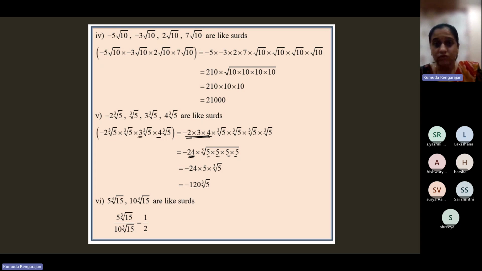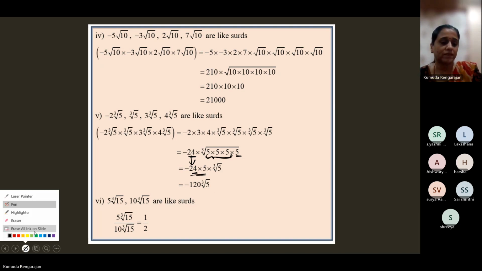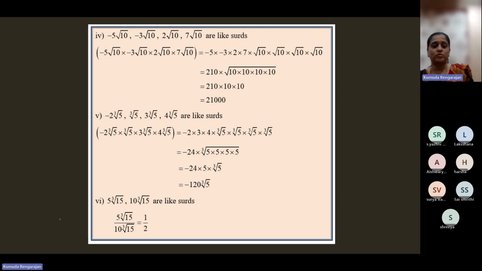From 3 fives, 1 five comes out of the cube root. Then that last 5 remains under the cube root. So cube root of 5. Minus 24, from these 3 fives, 1 five comes out of the cube root, and the last one remains under the cube root. So the product is minus 120 cube root of 5.